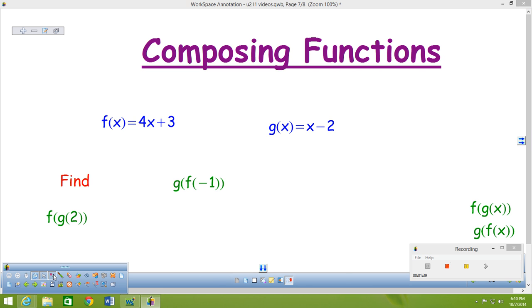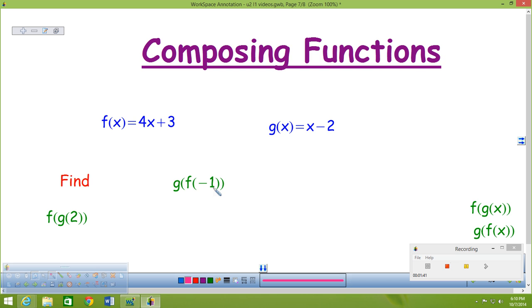We are always starting at the end and working towards the front when we do these composition of functions. So negative 1 is going to go into the f function. So 4 times negative 1 plus 3. This is f of negative 1. That's negative 4 plus 3.